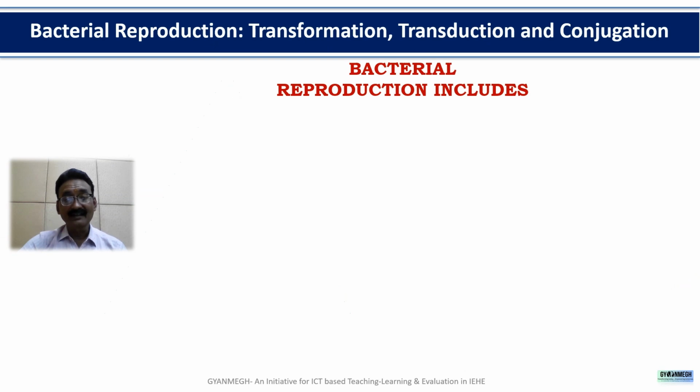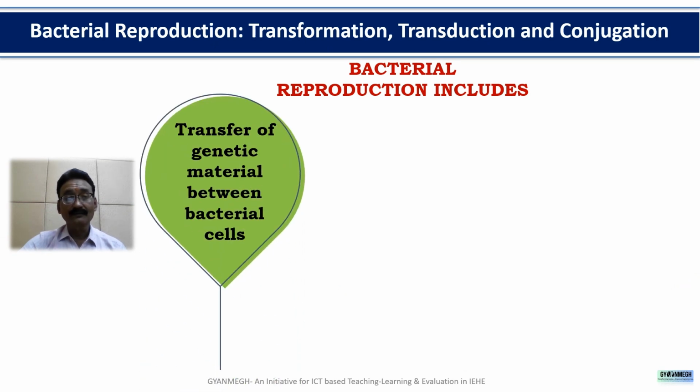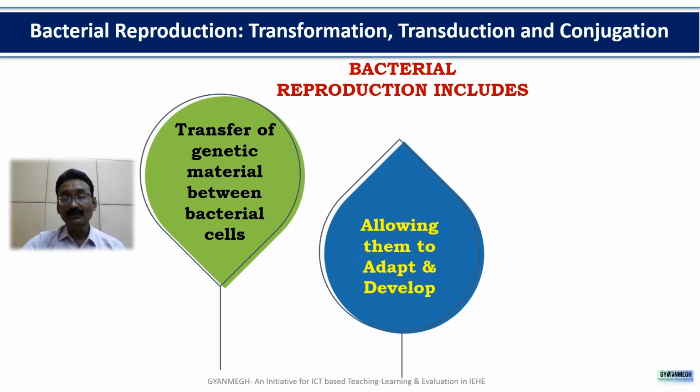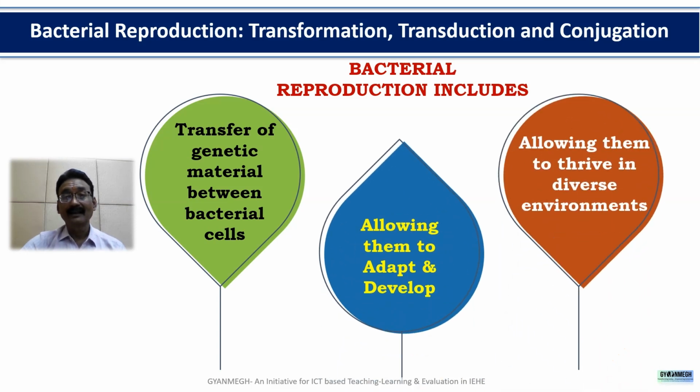Bacterial reproduction includes transfer of genetic material between bacterial cells, allowing them to adapt and thrive in diverse environments. This is common in transformation, transduction, and conjugation.